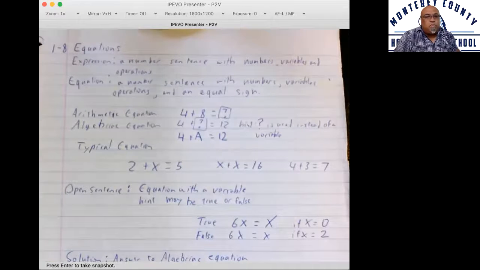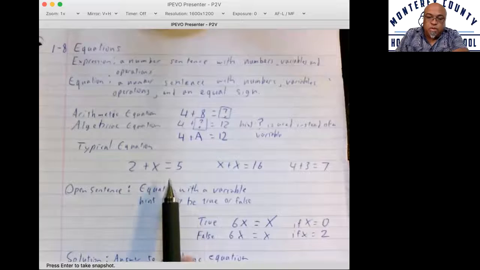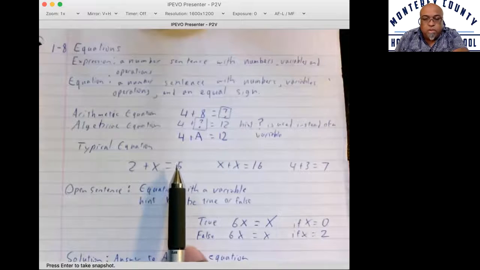Typically, you probably want to avoid the letter I or the letter O in a random variable just because they look too much like numbers. But sometimes you may have an equation that requires those specific ones, but I just wanted to let you know that.